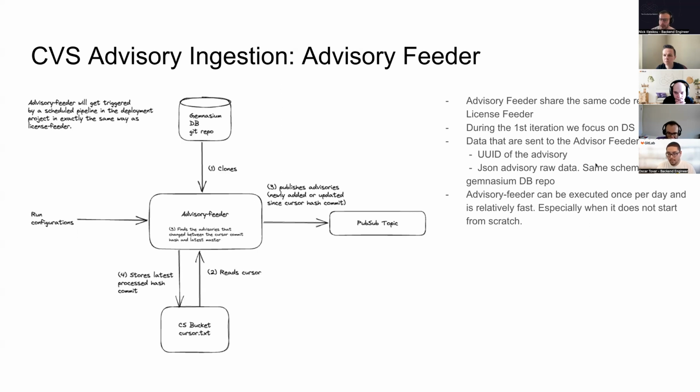One is the UUID that we extracted from inside the advisory, and the other is the JSON advisory, so the raw data. And we use exactly the same schema as the one used by the Gymnasium DB repo. These are the only two things that we send, and that's because in the license DB, in the end, we are going to store the JSON advisory, and the UUID is the identifier that we need in order to do upserts.